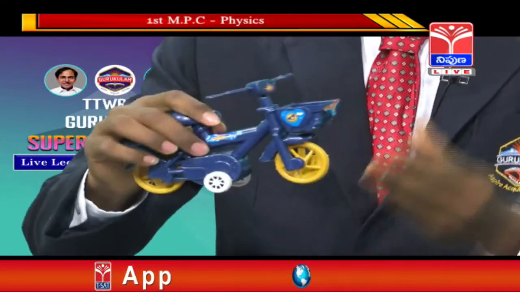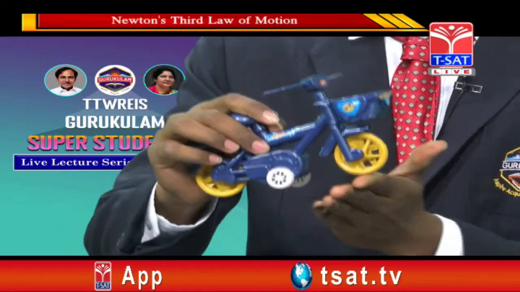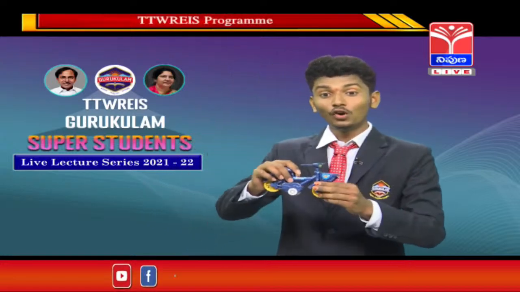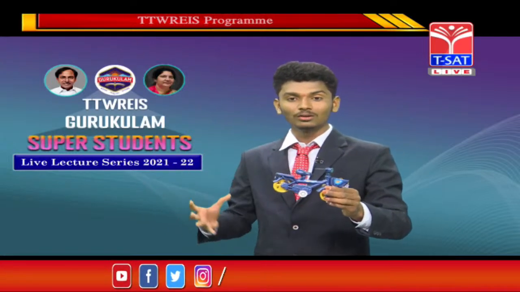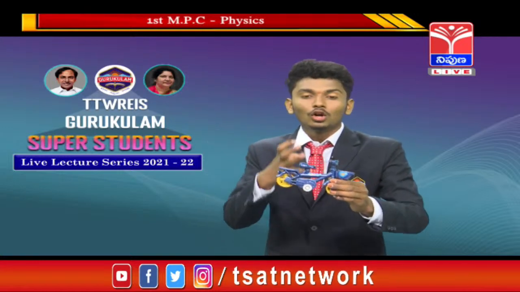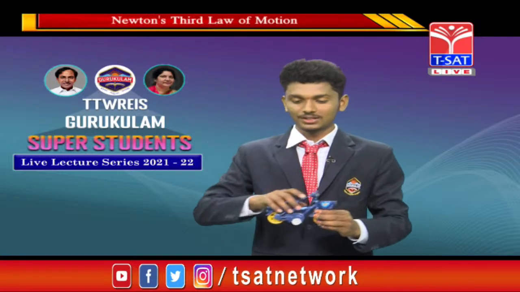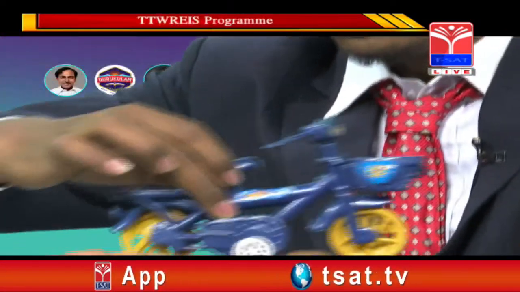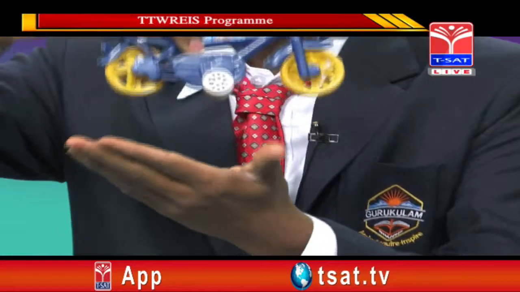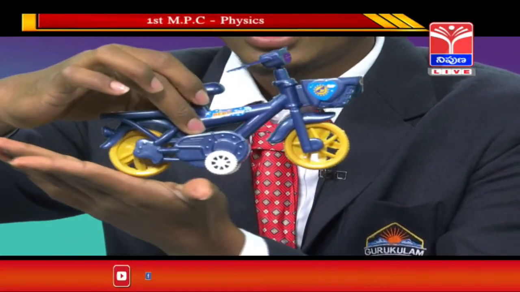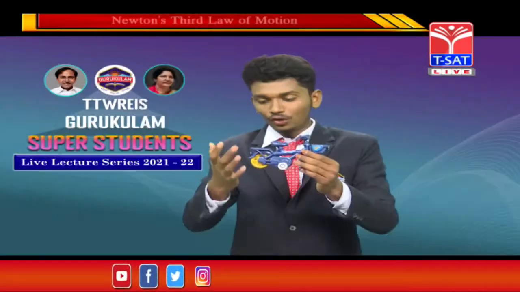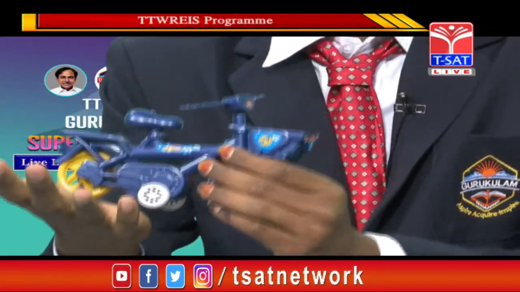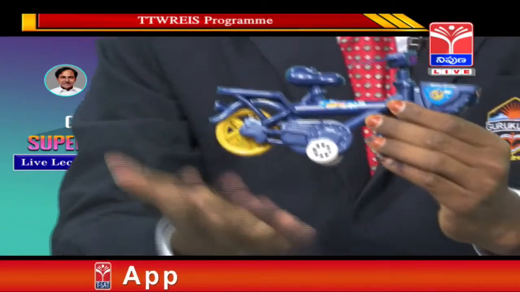The force exerted by the wheels of the bicycle on the ground is the action, and the force exerted by the ground on the bicycle to move forward is the reaction. We can see here the force exerted by the wheels on the ground is the action, and the force exerted by the ground on the wheels to move the bicycle forward is the reaction.